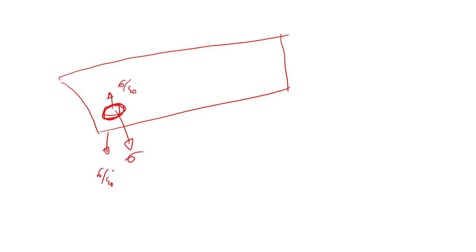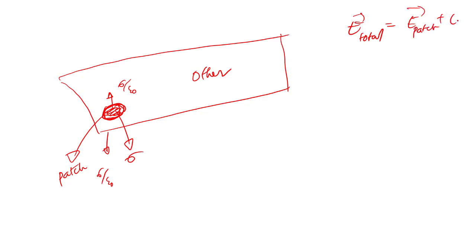Now I want to see the force experienced by this patch of charge. So I can write the total electric field. Let's call this the patch and this other. The total electric field is coming from both the patch plus the rest of the sheet.